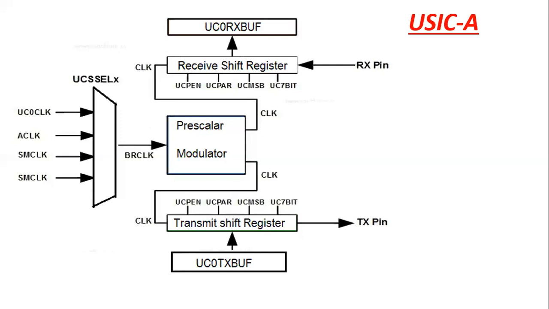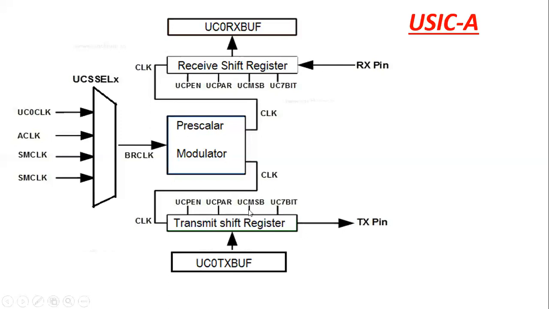And EBCDIC, extended BCD code, is an 8-bit code. So that will be selected by using this one. 0 means 8-bit will be selected. 1 means 7-bit will be selected.